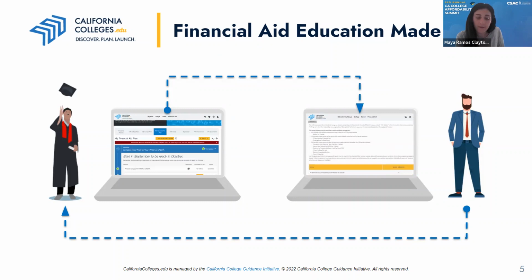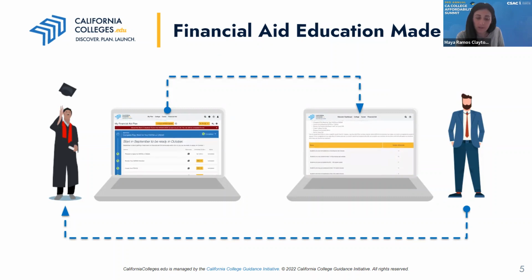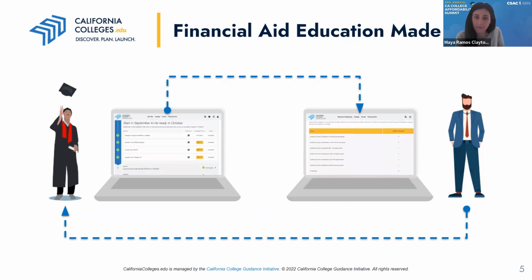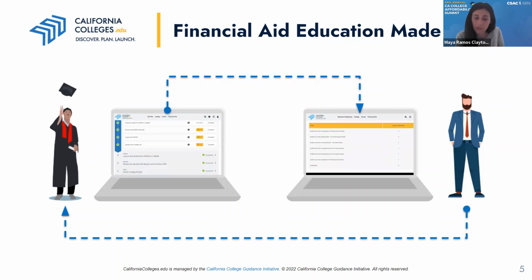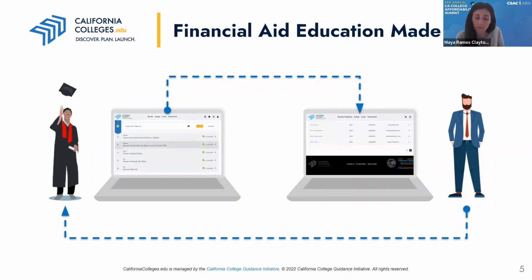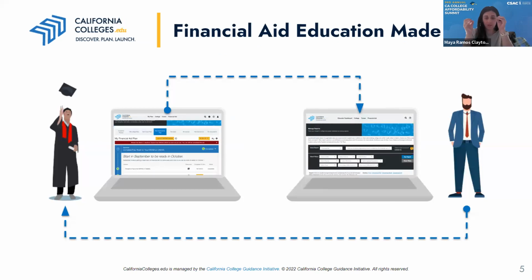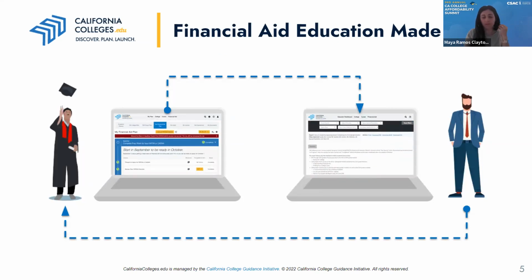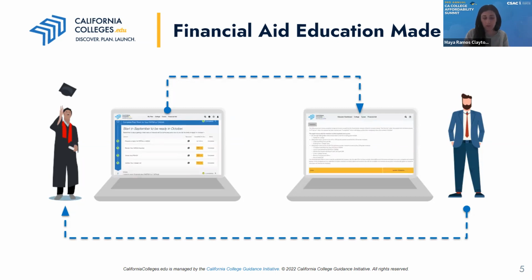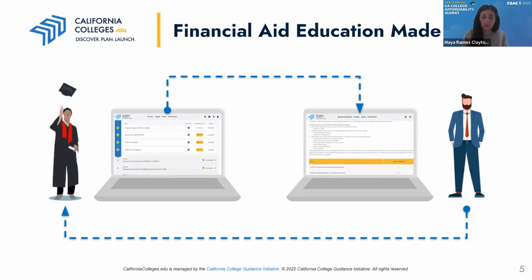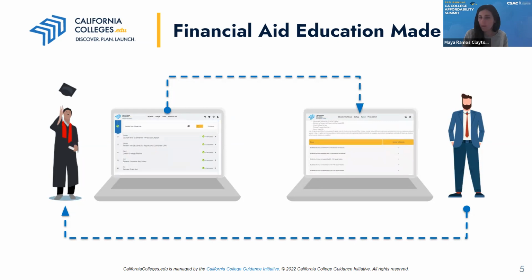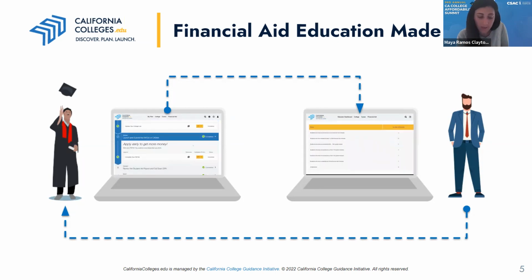So launching FAFSA from CaliforniaColleges.edu links that FAFSA launch for the student to their SSID, and we share that information with CSAC. And so this helps match the FAFSA and the Cal Grant GPA for some of the harder to match students. For instance, imagine students with multiple last names, which is obviously not uncommon in California.